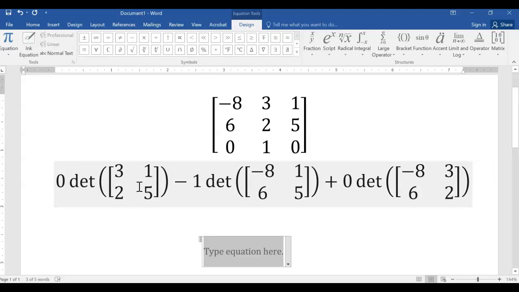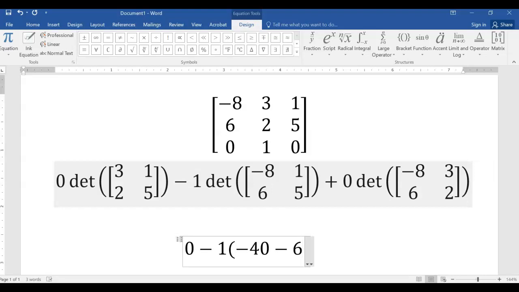It doesn't matter that the determinant of this is 13 because it's all going to end up as 0 anyways. So I'm going to get 0, this whole thing, minus 1. Now this one I do have to calculate the determinant. Negative 8 times 5 is a negative 40. Then we're going to do minus 6 times 1. So negative 40 minus 6.